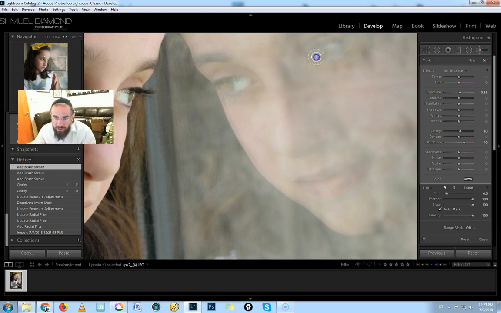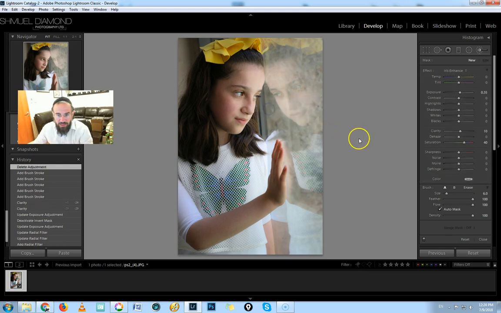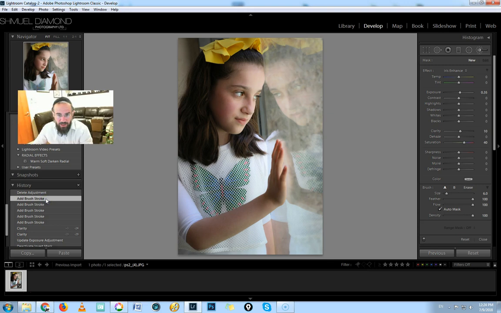I'm not sure how this is going to look. Let's put the pin back there. Let's delete and then go back. No, I prefer it like this.